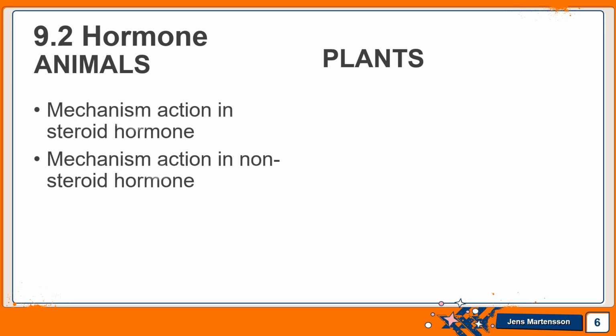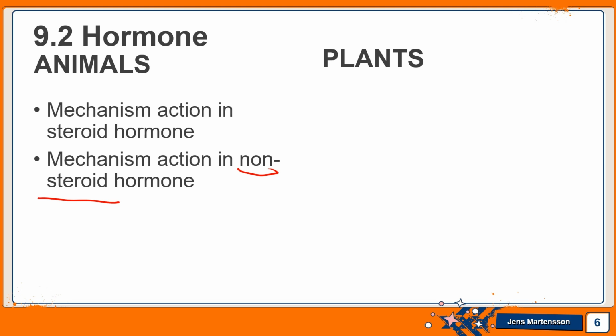So in animals, we just learn these two mechanisms: the mechanism of action of steroid hormone and the mechanism of action of non-steroid hormone. In this topic, you have to know what steroid hormones and non-steroid hormones are, and the examples of each.